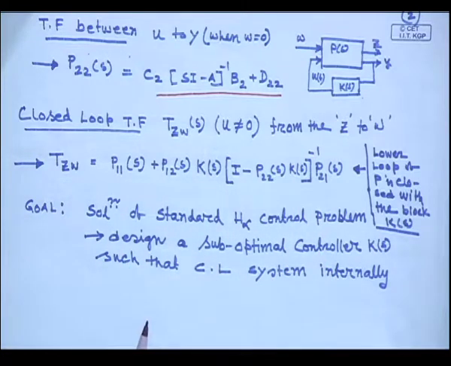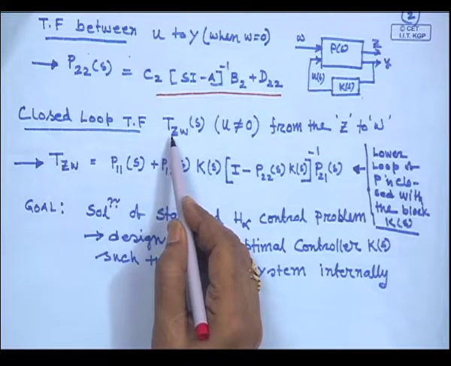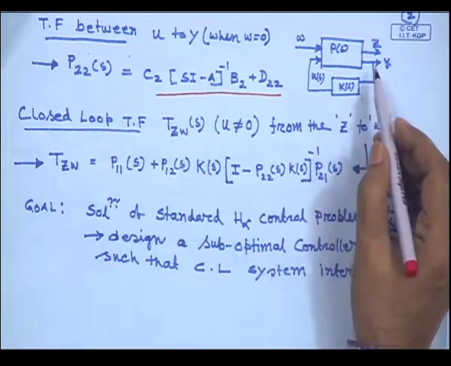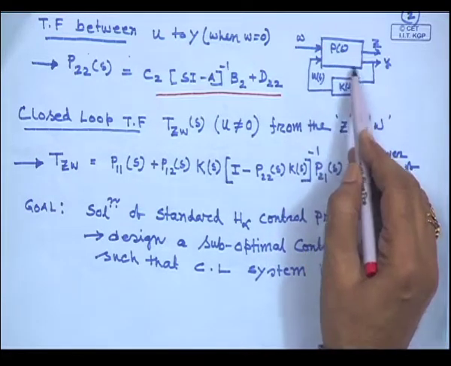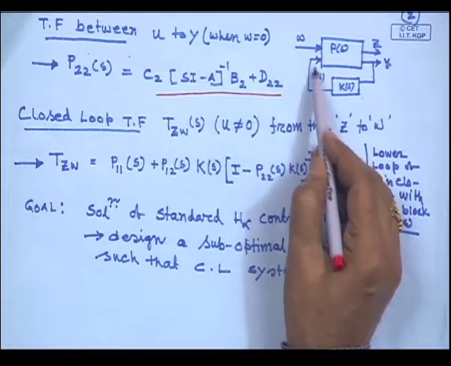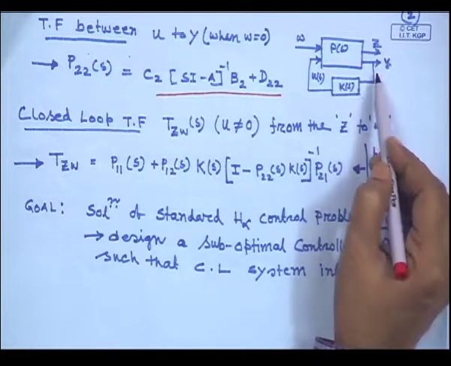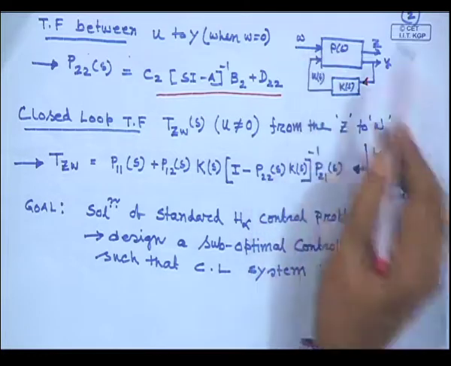Now, because our ultimate aim is to reduce the effect of W on the regulated output, what is the transfer function between these two things? As you recall, our 4 block representation has 2 inputs: W is the exogenous input, U is the control input, Z is the regulated output, Y is the measured output, which will be used for control purpose.